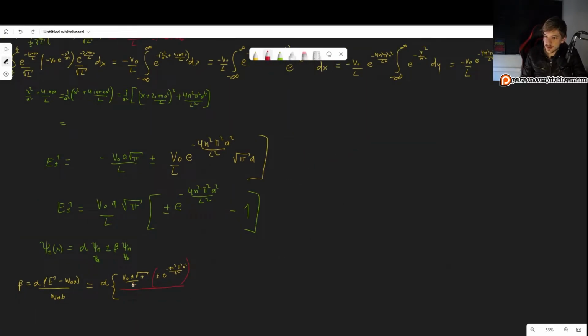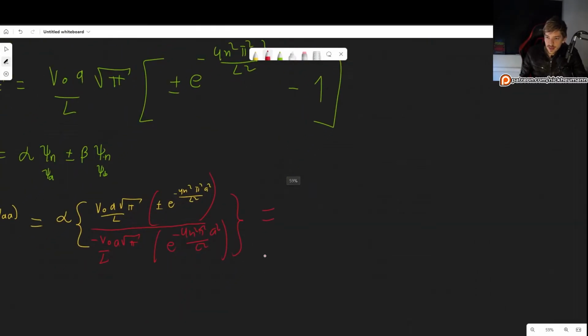So WAB is minus V0 over L, A square root of pi, and then the same exponent, right? So minus 4n squared pi squared a squared over L squared. And this means that basically everything cancels out except for the plus minus 1 and this minus 1. So we end up with minus or plus alpha.